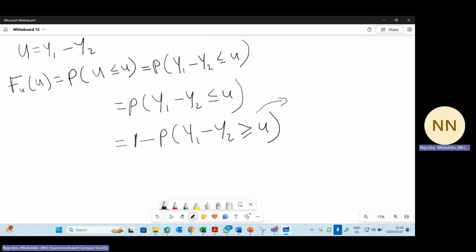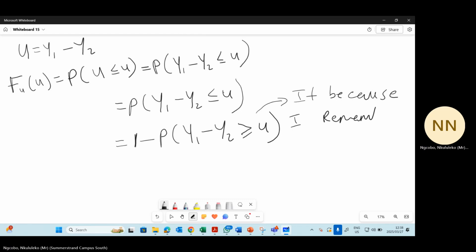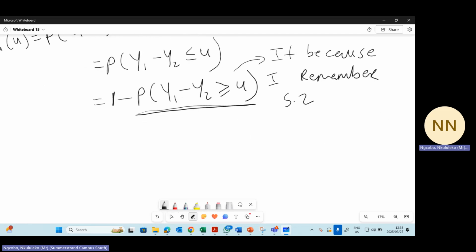I'm taking advantage of understanding the distribution. The reason I'm doing this is because I remember 5.2, which wanted me to do it like this, right? Now, with that understanding, what does this mean?